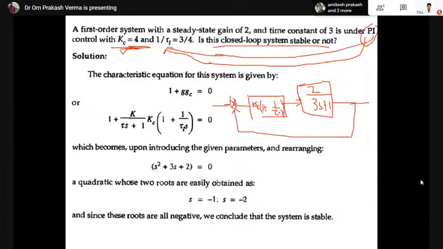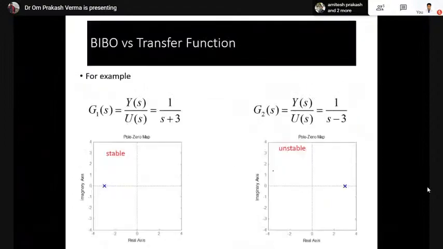So now we have to determine whether the closed loop total process is stable or not. Okay, so as you know, the stability of the system is determined only by the characteristic equation. And what do you mean by the characteristic equation?